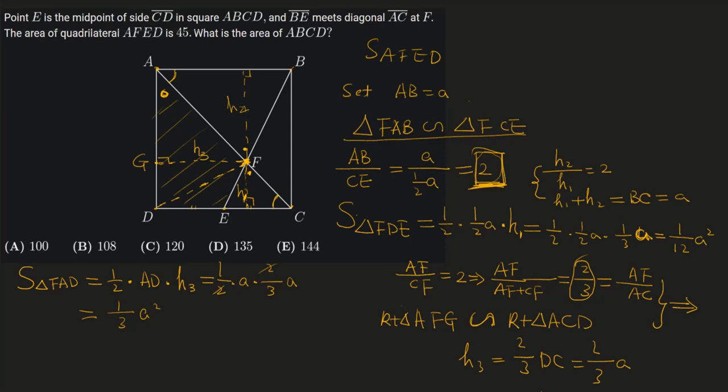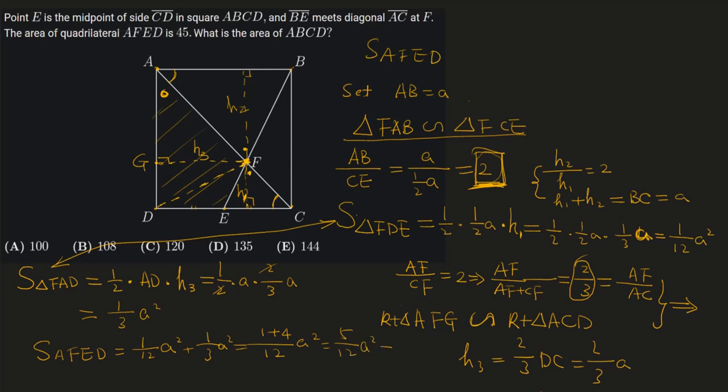Now, when we add up the area of these two triangles, we'll get the quadrilateral AFED equals 1/12 of A squared plus 1/3 of A squared, and that equals, the denominator is 12 and the top is 1 plus 4, of A squared. That's 5/12 of A squared.